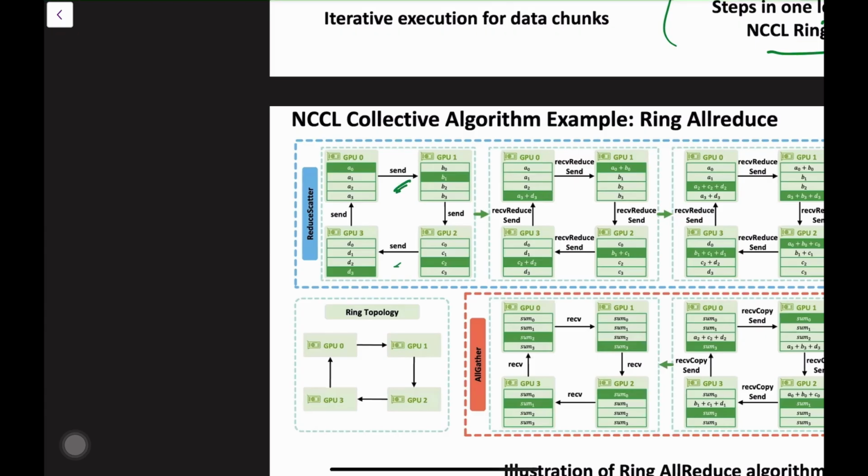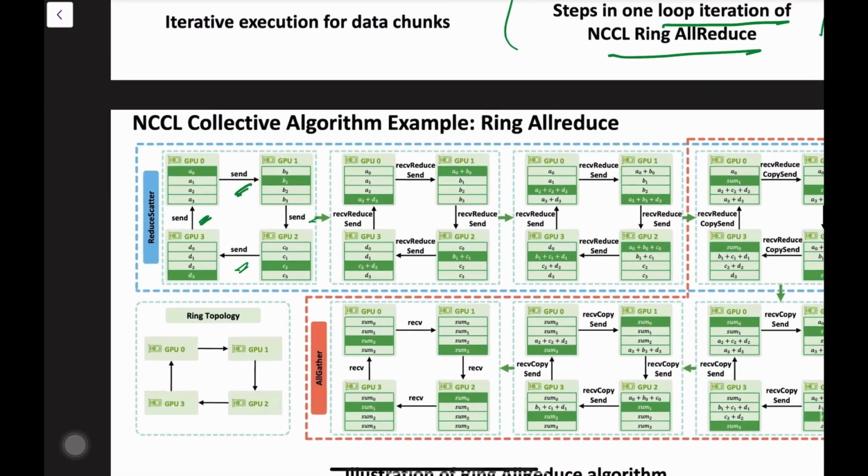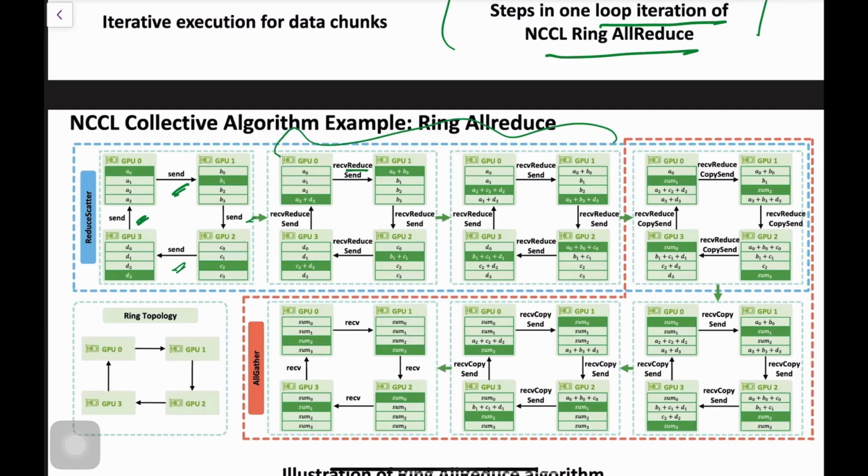The first operation will be send, because there is nothing to reduce in the first step, so each GPU will have to send the data to its corresponding GPU. After the first step, each GPU will be receiving something and also sending something. So now the reductions will begin.